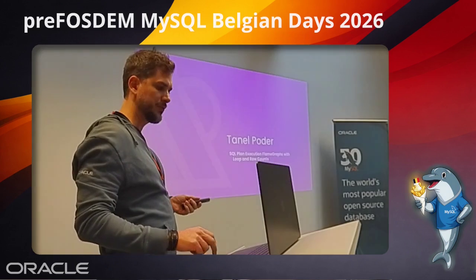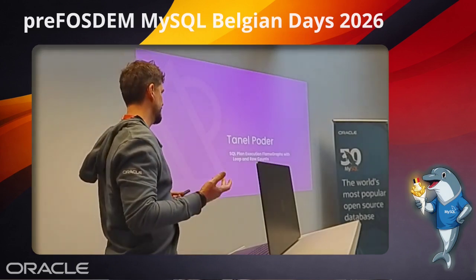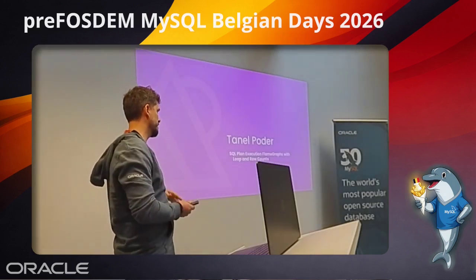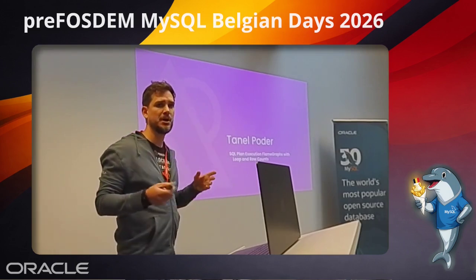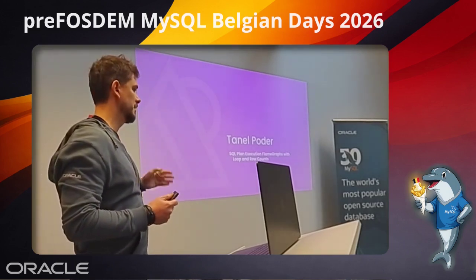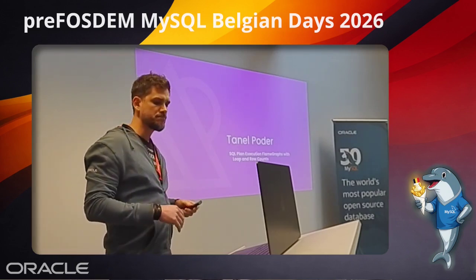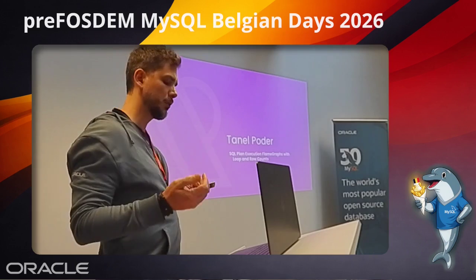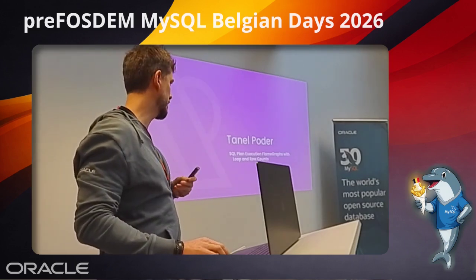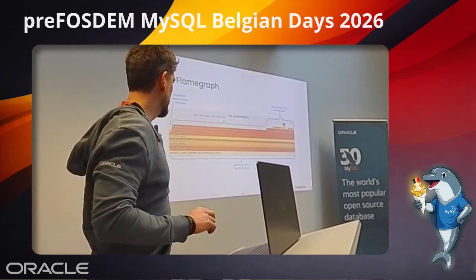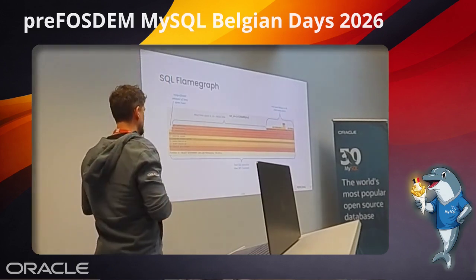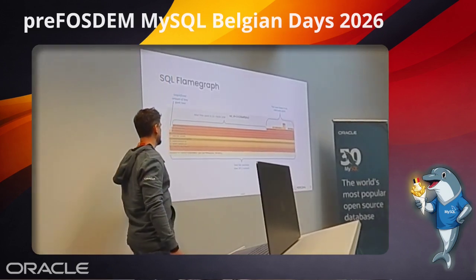And with that, I decided to get some inspiration from Tanel Poder. I'm not sure if you work with Oracle; he is one of the gurus from Oracle. And again, this whole concept was not mine. I just brought it to MySQL.